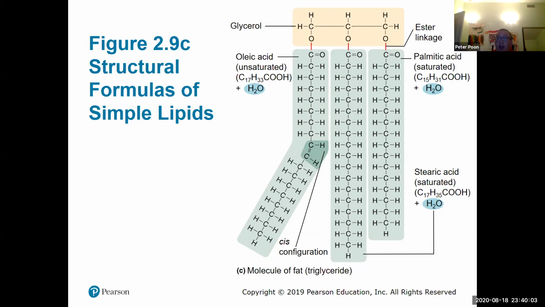Trans fat is particularly bad. Trans fat is a chemical way of turning a cis into a trans bond, and that makes it solider, makes the molecules closer together and compact together, and they form fats instead of oils.